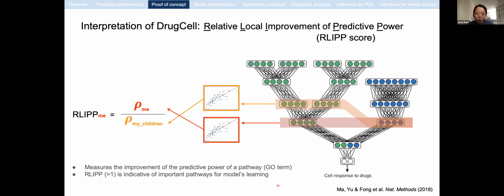An RLIPP score larger than 1 reflects that the state of the parent pathway, represented by its neuron values, has more predictive power for the drug response than the mere concatenation of the states of its children. And it indicates the importance of the parent pathway in DrugCell's learning.